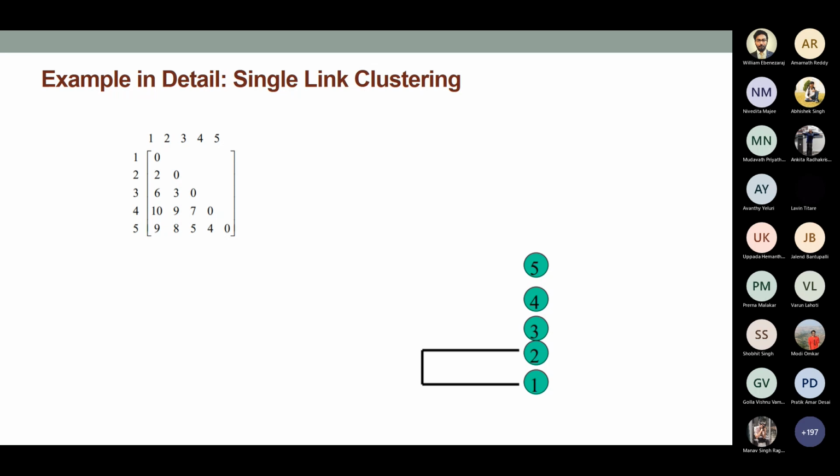Right. Let me just ask a simple question. Now that 1 and 2 are in one cluster, what would be the distance between the newly formed cluster 1, 2, and say, for example, 3, using single linkage technique?